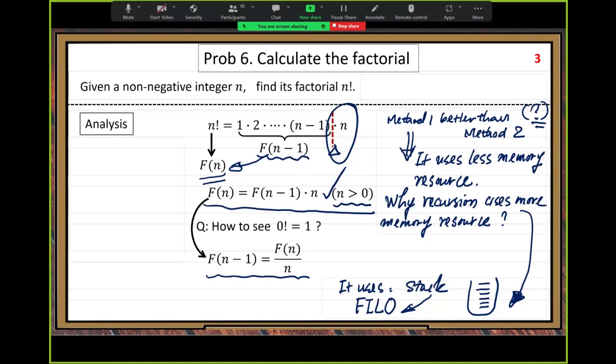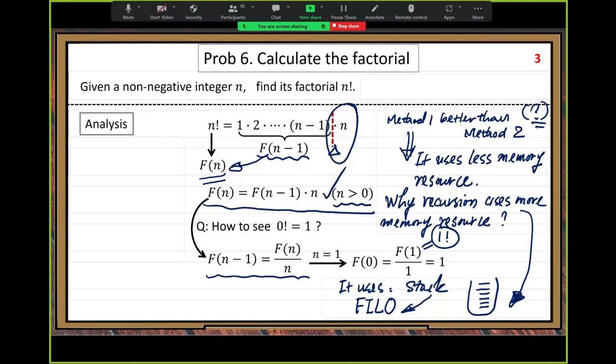Then let's plug n equals 1 into this formula. You can see the left-hand side f of 0 equals the right-hand side f of 1 over 1. And f of 1 is 1 factorial, which we know is 1. So 1 over 1 is 1.